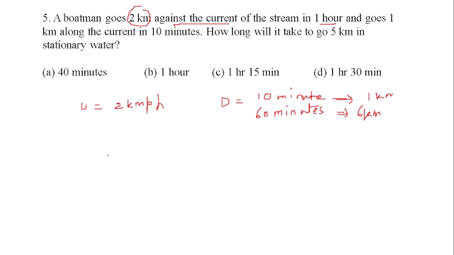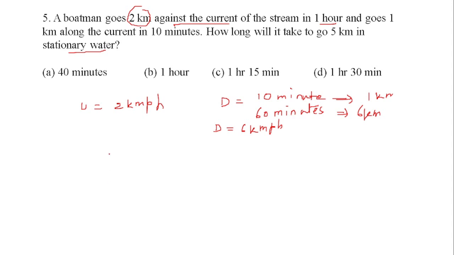So in 1 hour, the speed of downstream becomes 6 kilometers per hour. Now, what is required? How long will it take to go 5 kilometers in stationary water? Stationary water means still water.